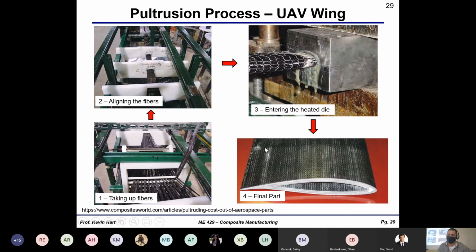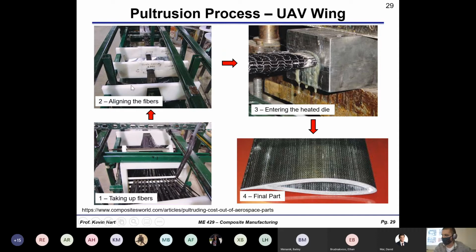And here's an example of the process in production. This goes from lower left in a clockwise fashion. This is an example of a pultrusion process where a bunch of fibers are being fed, and then there's liquid resin beyond what looks like this green crossbar here that's getting applied to the fibers.